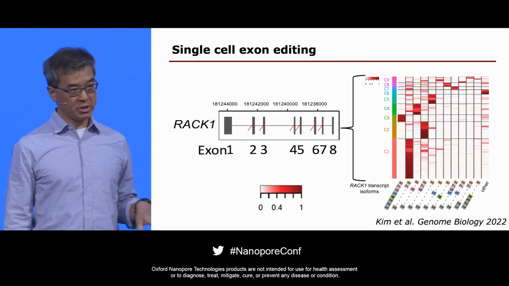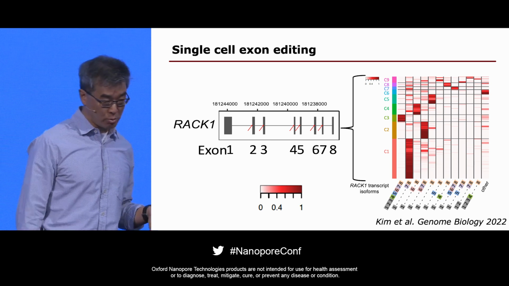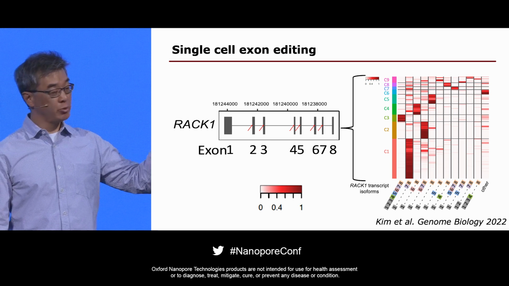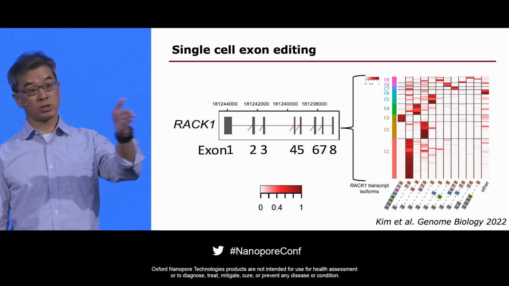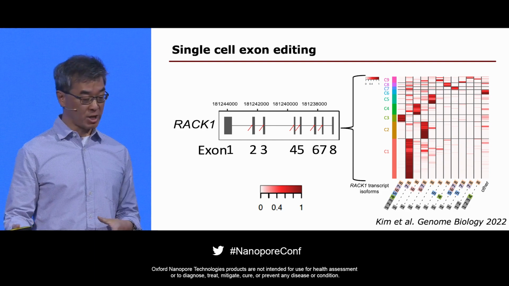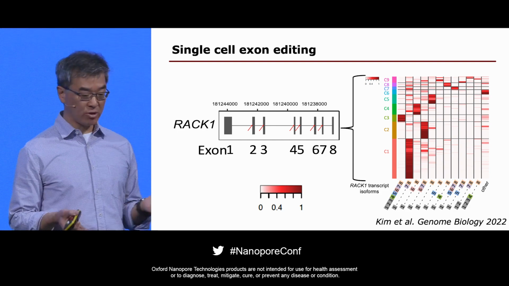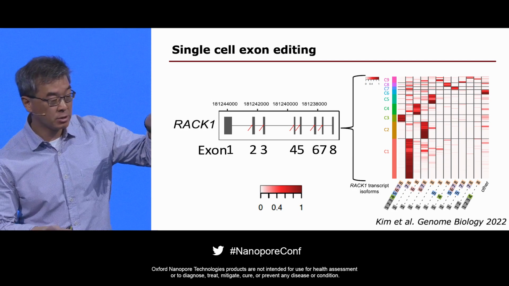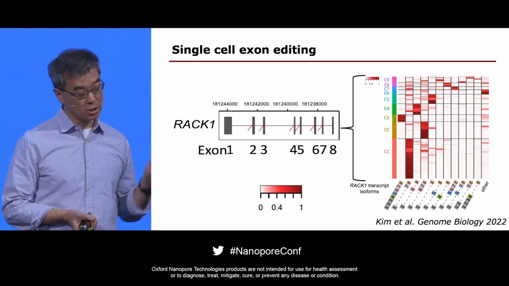In our first experiments, which we published in Genome Biology in 2022, we used CRISPR to knock out a series of exon-intron junctions, and we could study the change in transcript isoforms. This is an example of RAC1. The individual red lines that point to an exon are where we designed guide RNAs to knock those out.